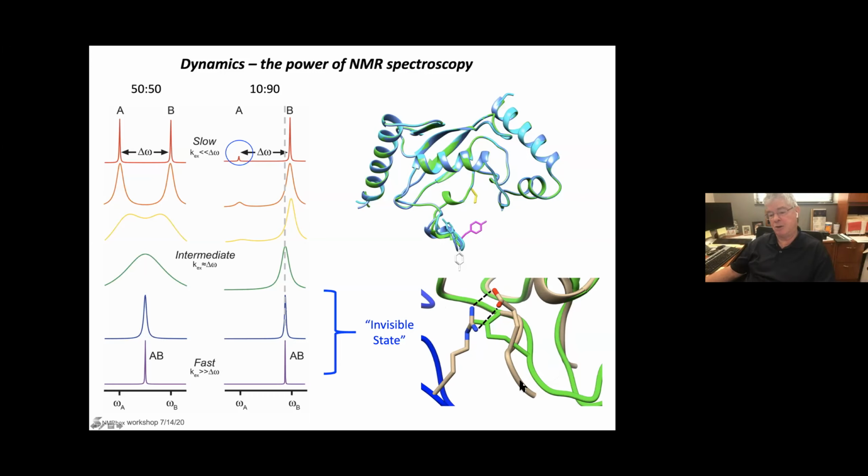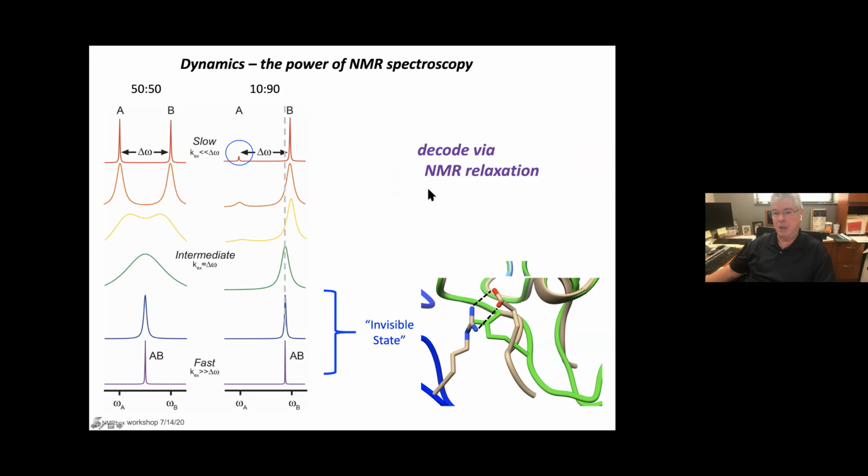This beige structure here, as compared to the green structure, becomes very amenable to forming a salt bridge and lowers the energy barrier to forming that salt bridge. And so this is what captures and starts the allosteric event. So this is a recognition event, but it's actually a very low population in the free molecule.